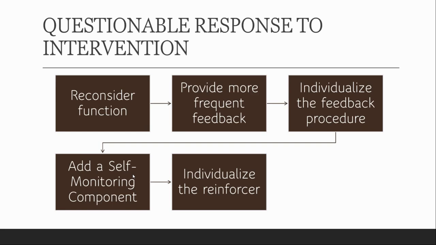They can collaborate and create an individualized contract that specifies the reinforcers or the tangibles that that student will earn. They can allow the student to select an adult with whom they will spend additional time, or they can individualize the reinforcer based on that student's function of behavior and allow that student to select that reinforcer.